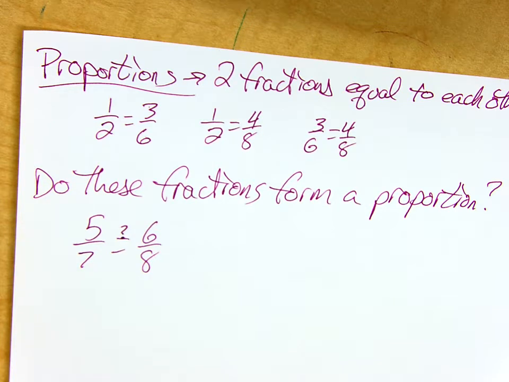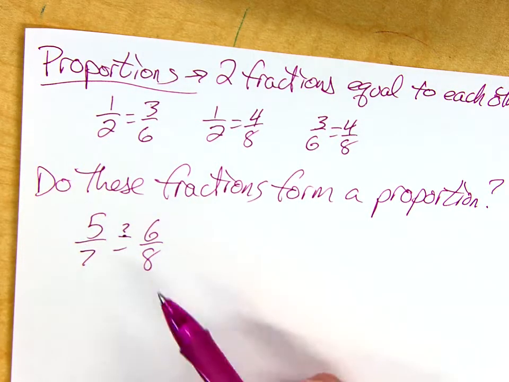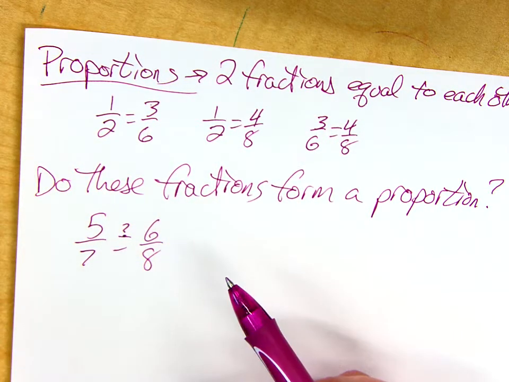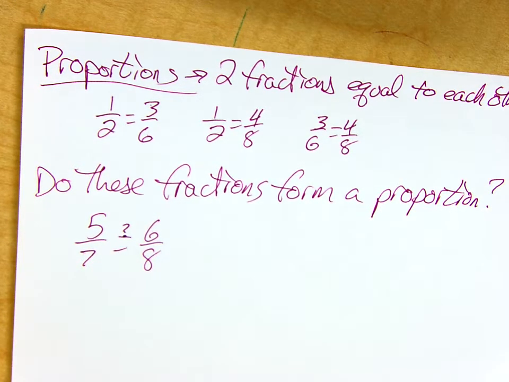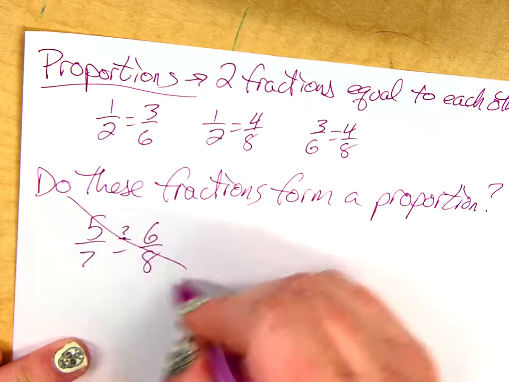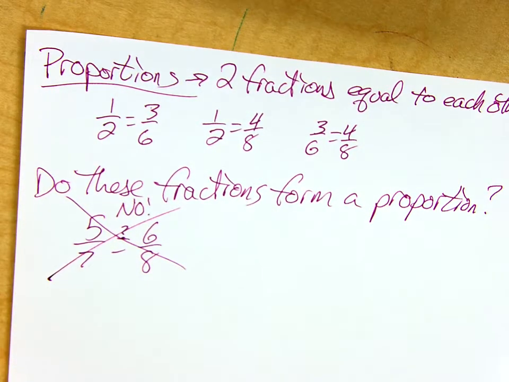A quick check is to just multiply those diagonals and see if I get the same number. So 8 times 5 is 40, 7 times 6 is 42. So are these two equal to each other? No, they can't be. So no, because the product of their diagonals is not the same. And it would have to be if they were to form a proportion.